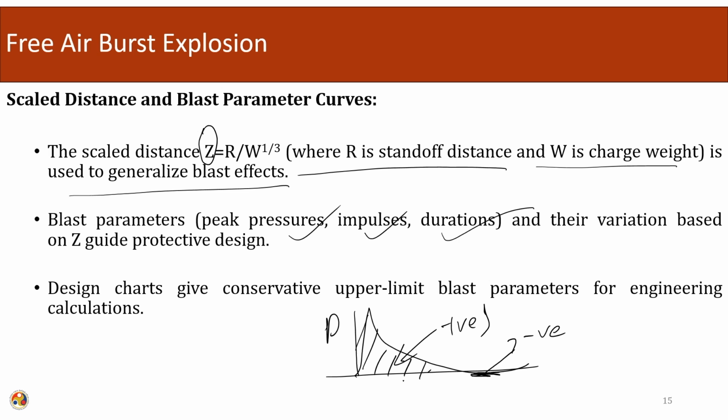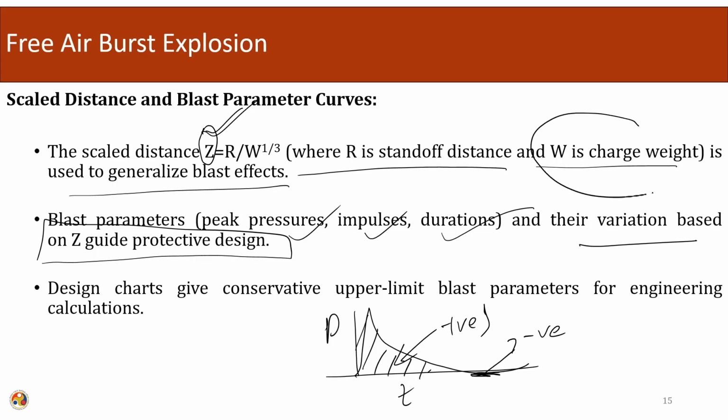Their variation is based on the Z. Z is the scale distance parameter that is used for the protective design. Here, for charge weight, we have already established an equivalent quantity, that is the TNT equivalency. So, whatever type of charges are made, we will always express them in terms of the equivalent amount of TNT.